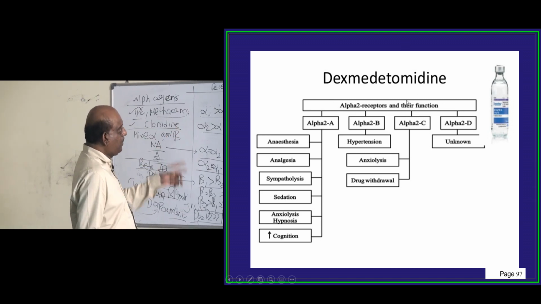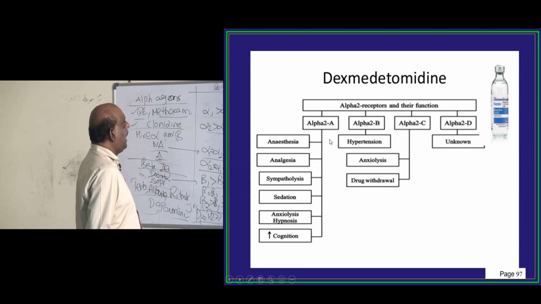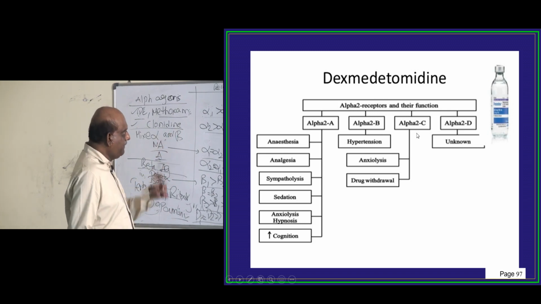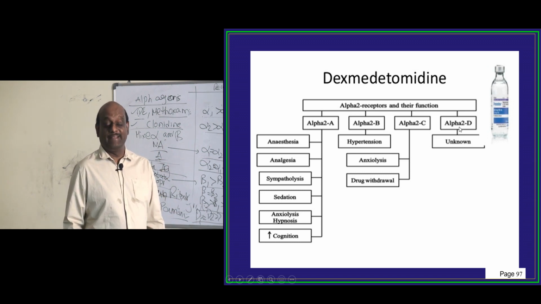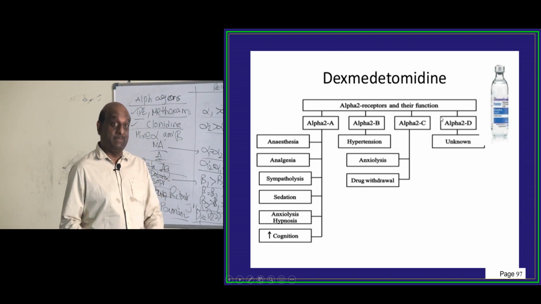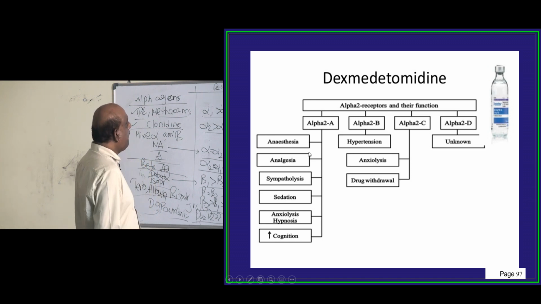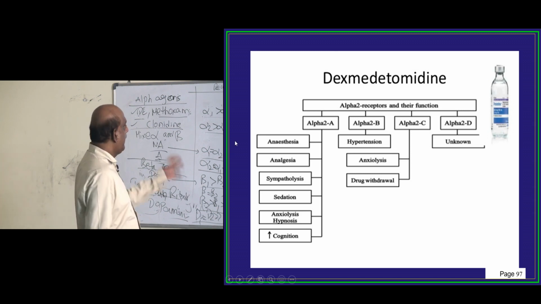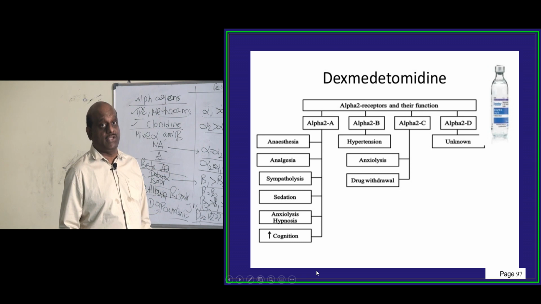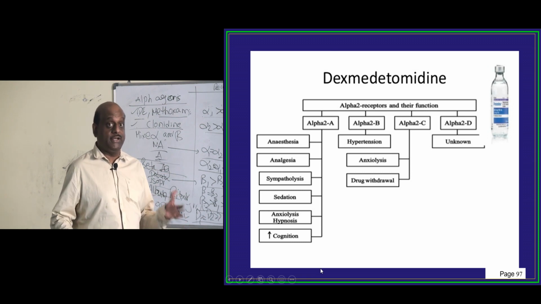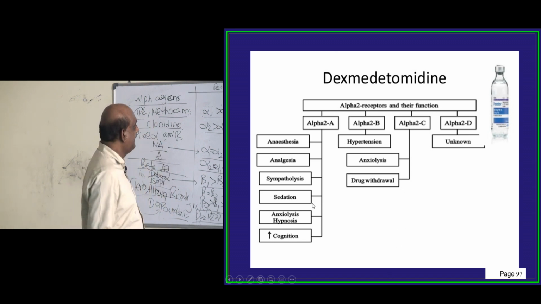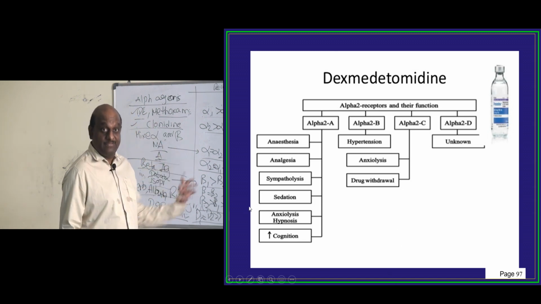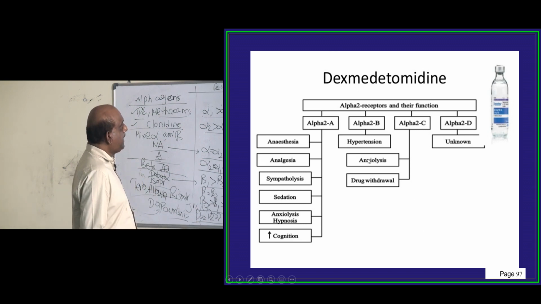If you look at the alpha 2 receptors and their functions, there are alpha 2A, alpha 2B, alpha 2C, alpha 2D. Life is miserable, right? Subtypes are also there. Alpha 2A: anesthesia, analgesia, sympatholysis, sedation, anxiolysis, increased cognition. If you want to increase cognition for NEETPG, let alpha 2A work more. Alpha 2B leads to hypertension.